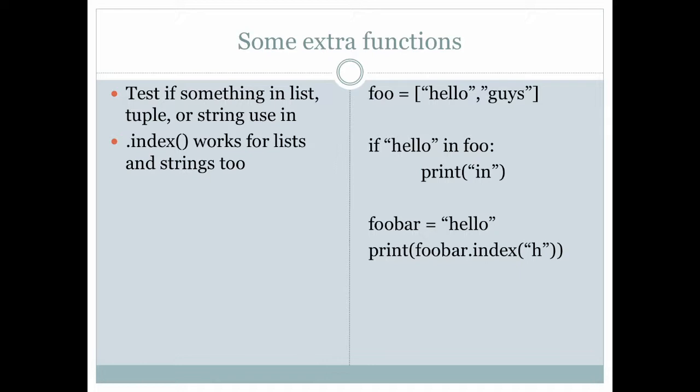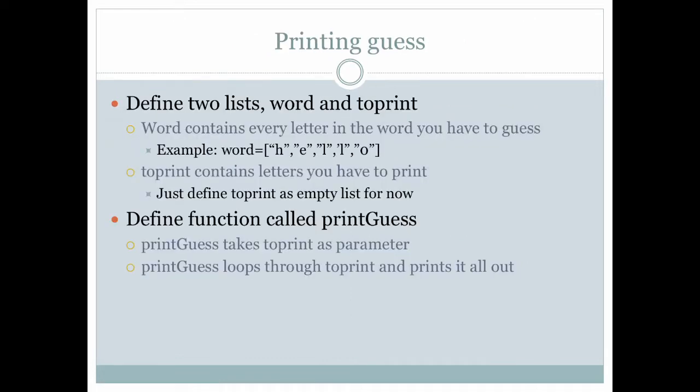Alright, so now we're gonna move on to our hangman game. So last we left off, we have our print hangman function. This slide basically shows everything we're gonna do. First, we're going to define two lists. One is called word and the other is called toPrint.